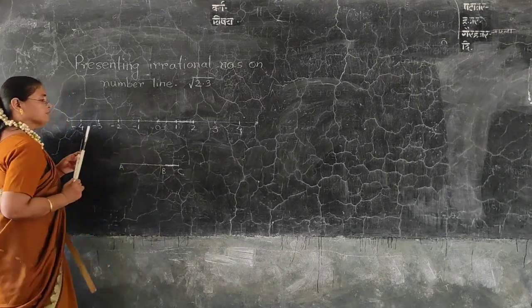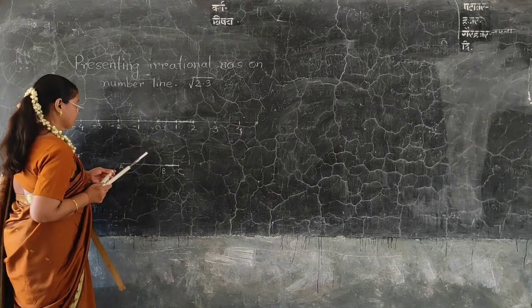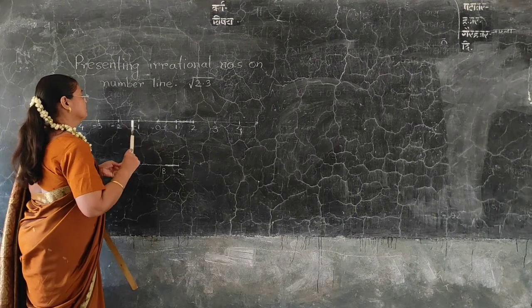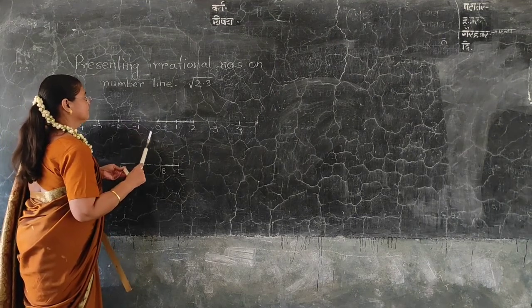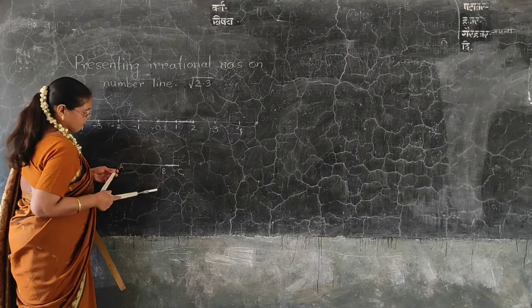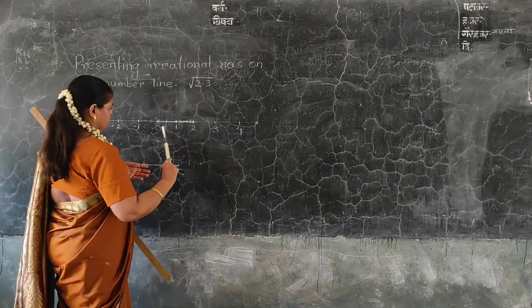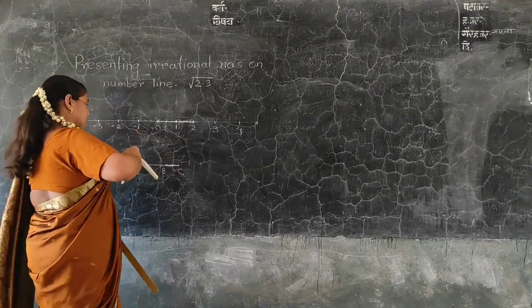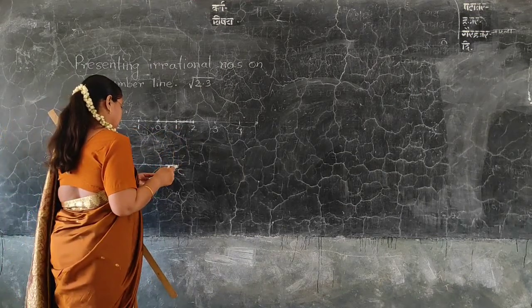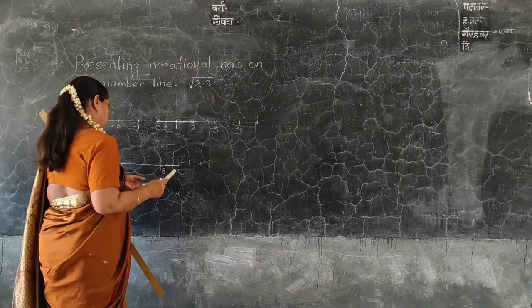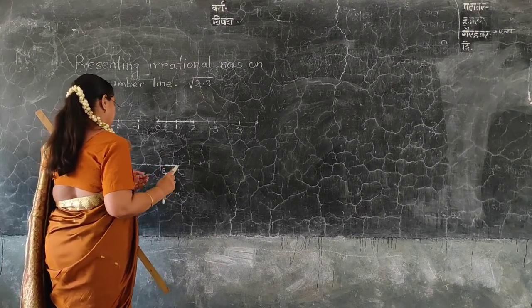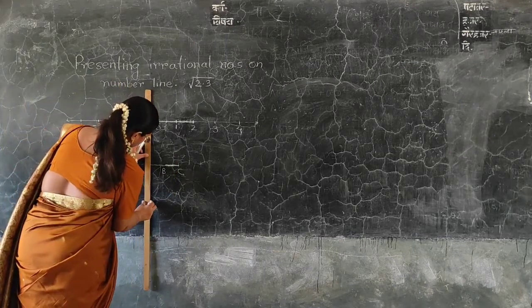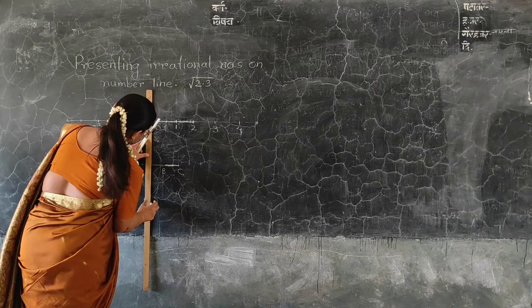Now I have to take the perpendicular bisector of this given segment. Let us first learn how to construct and then we will see the logic behind it. So I have drawn a perpendicular bisector here for this segment.